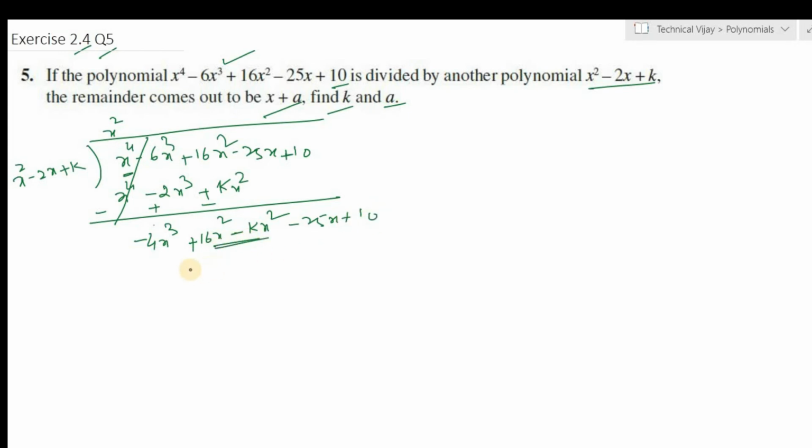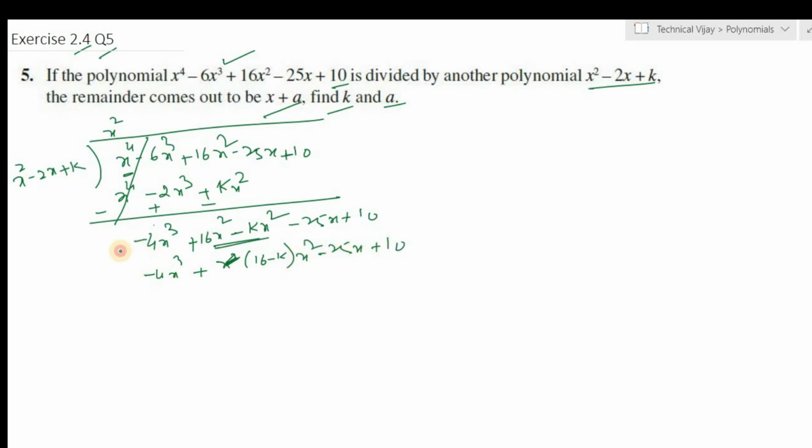Here in this, x square we will take common, so the expression is rewritten as minus 4x cube plus, the x square coefficient will be 16 minus k, into x square, minus 25x plus 10.